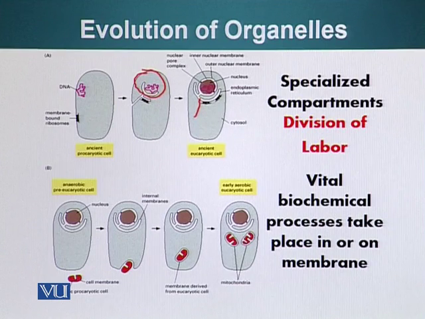The other set of organelles we have talked about is, for example, mitochondria and chloroplast. It is thought that these organelles resulted from a process of endosymbiosis, where a larger cell engulfed a smaller cell, and the smaller cell, which was initially enclosed in the phagosome, was not digested, and this cell gave special properties to the larger cell.